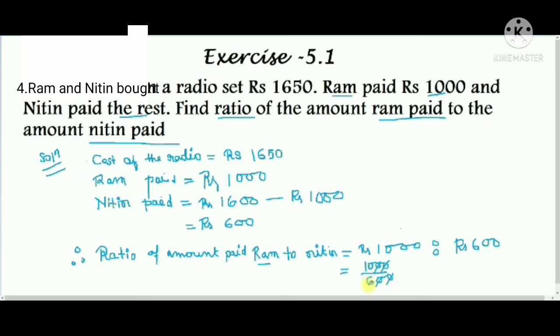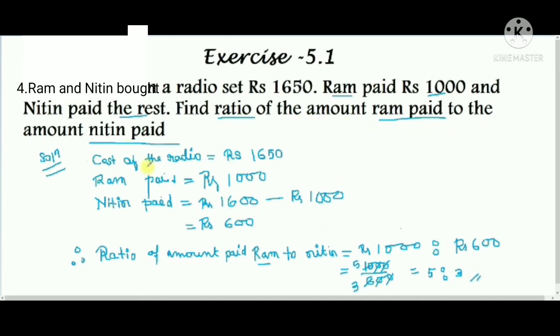If you divide 6 by 2 you get 3, and if you divide 10 by 2 you get 5. So the numerator is 5 and the denominator is 3, so this ratio will be 5:3. This is the answer. Hope you understood what the ratio of the amount Ram paid to the amount Nitin paid is.